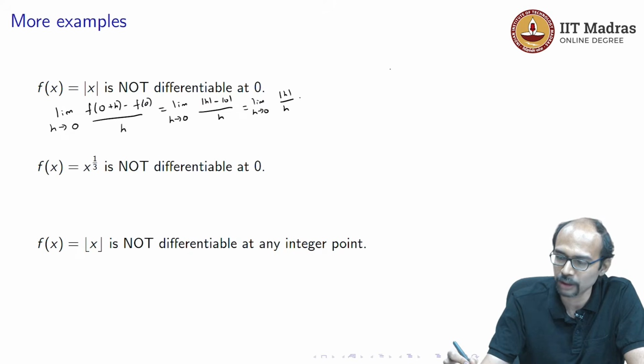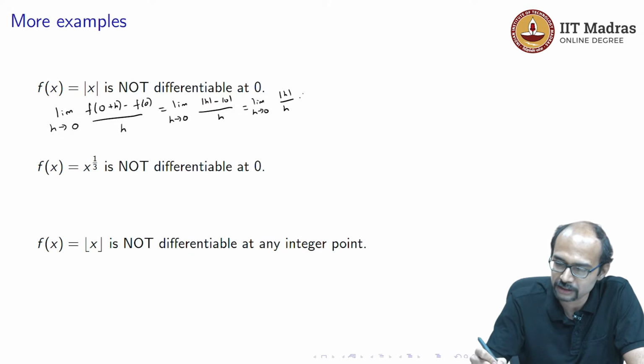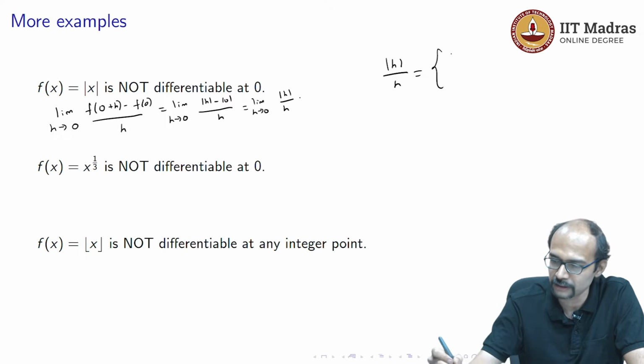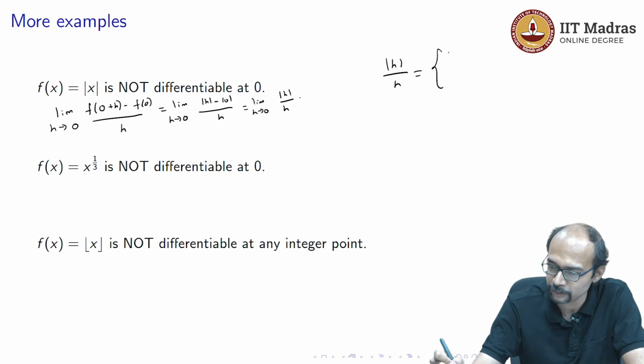So, what is the function mod h by h? If h is strictly greater than 0, then this function is just h by h, which is 1.